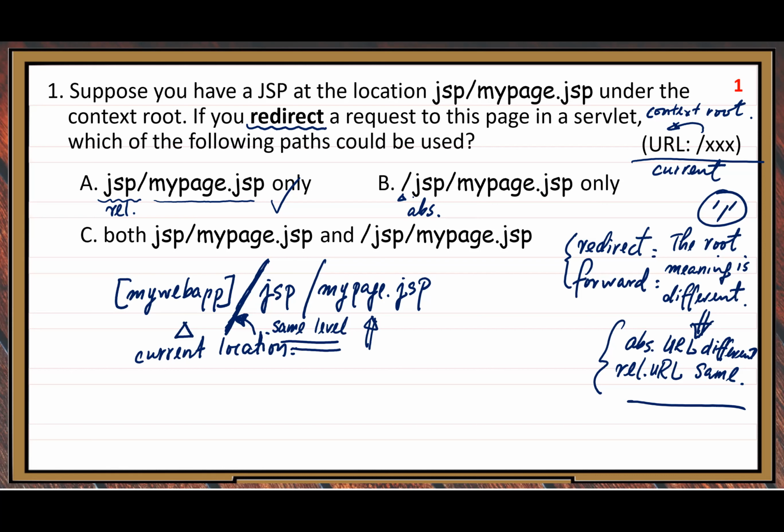But next, we'd like to see the B option. Is the B option good or not? That's interesting, right? The main thing in the B option is that slash. What's the meaning of slash? That's the root, we know that's the root. This corresponds to what?